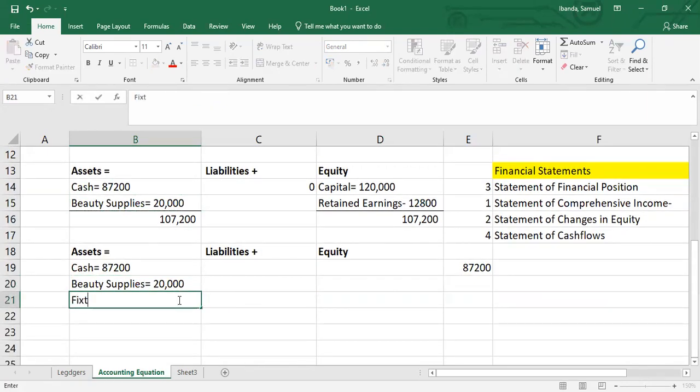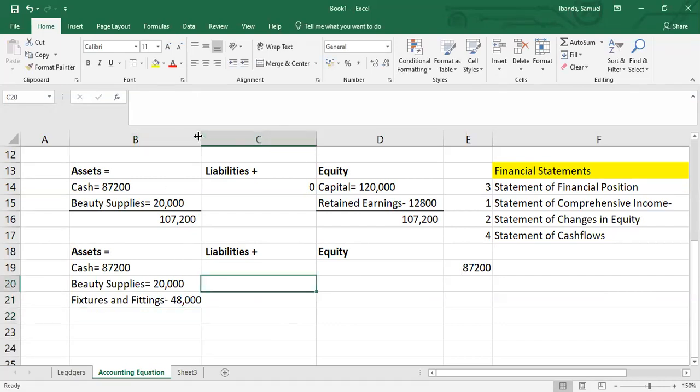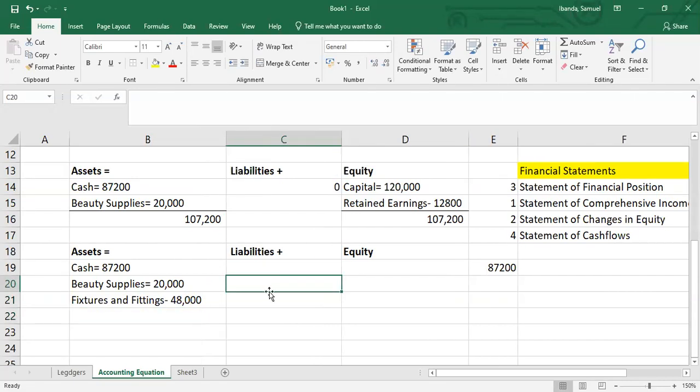Fixtures and fittings. How much of fixtures and fittings? Remember, they have told us it is 48,000. Like that. So that is what I have. Does this bring any liability on board? Yes.